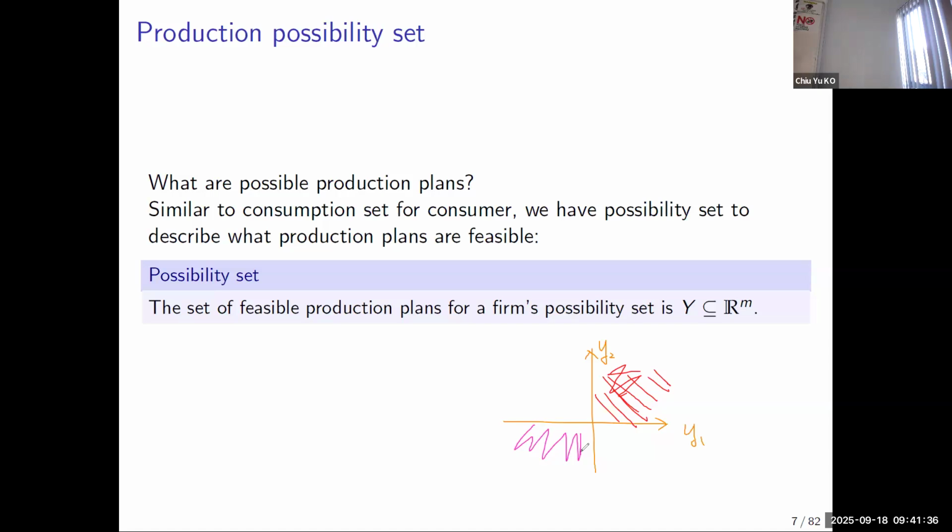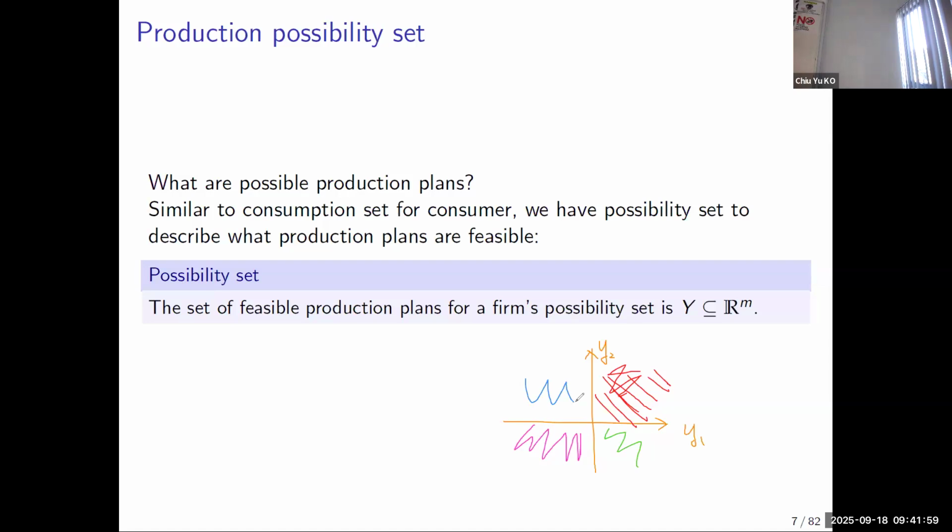Of course, the real thing comes from this two-dimension area, right? Maybe use another color. So the blue color is using 1 to produce 2, right? Green is using 2 to produce 1, right?